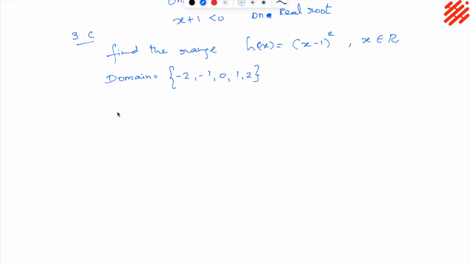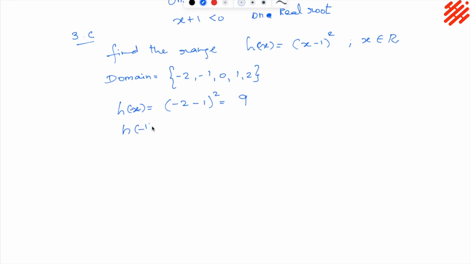So h of -2 equals -2 minus 1 the whole squared, equals -3 squared, which is 9.